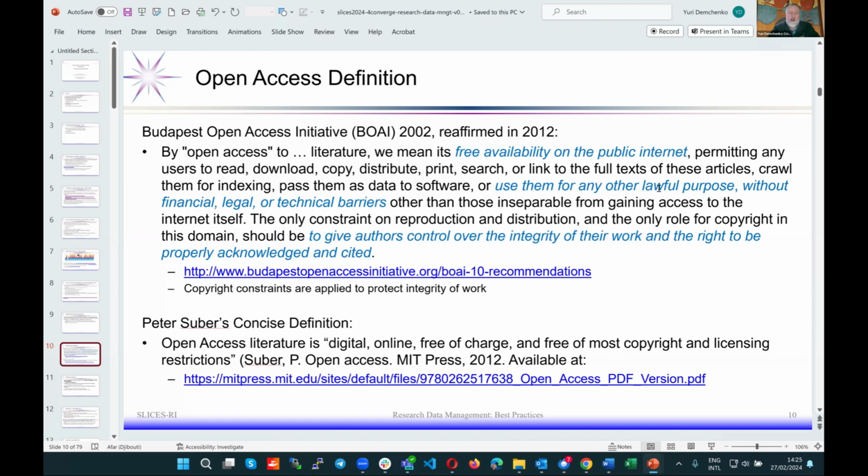But the information is provided under the condition that it has lawful use and does not violate legal, financial, or technical rules. It also allows authors to declare their rights and intellectual property.